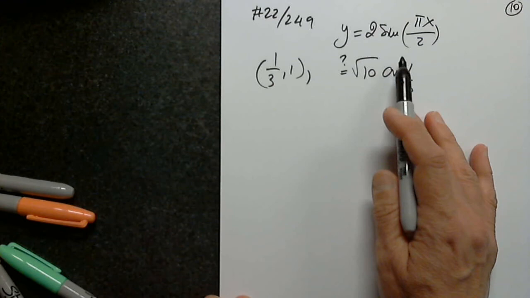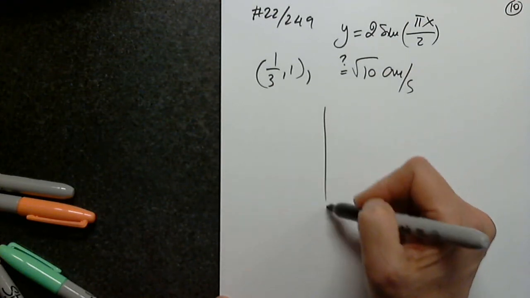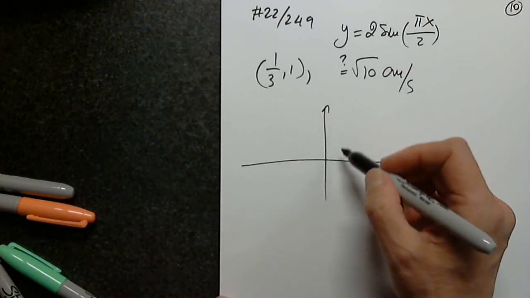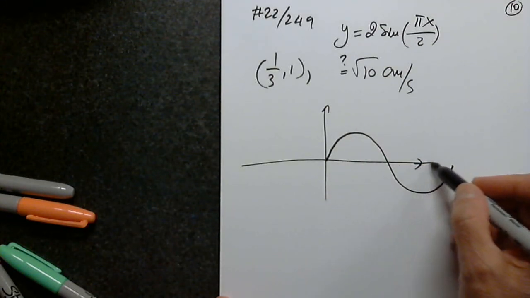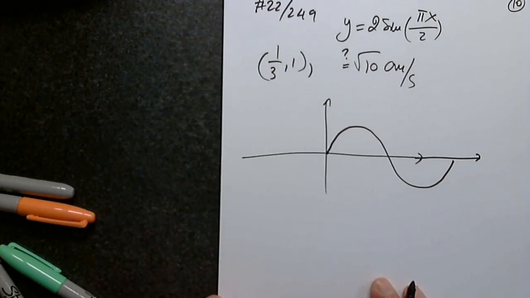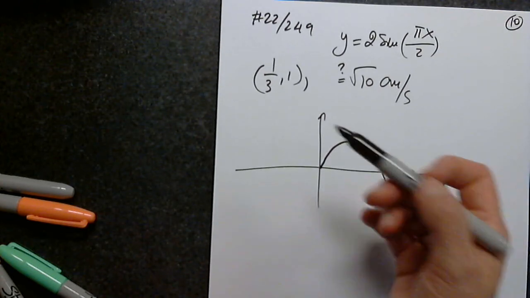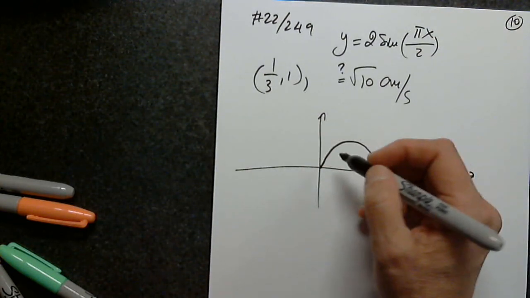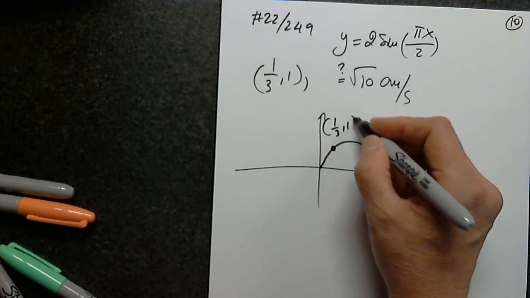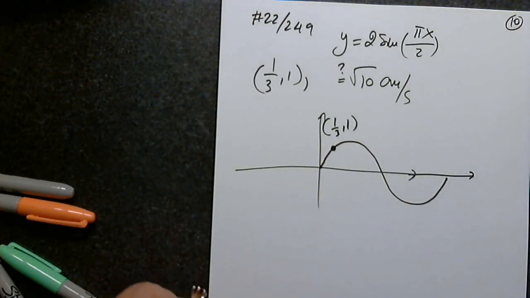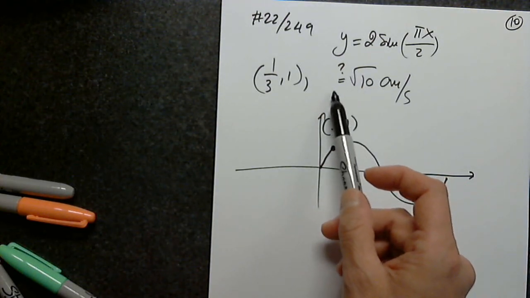So if you want to graph the sine function, I hope you remember the sine function is something like this. One-third, 1, it's somewhere here. First of all, what is this?